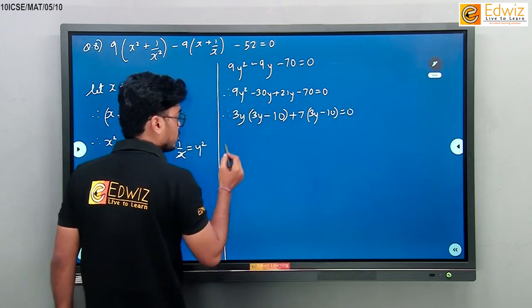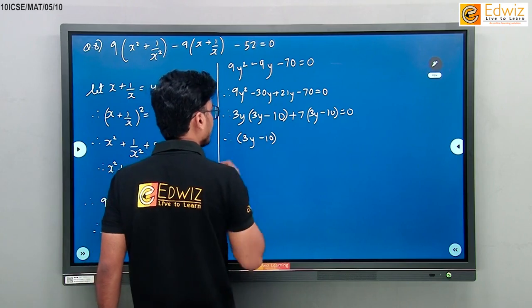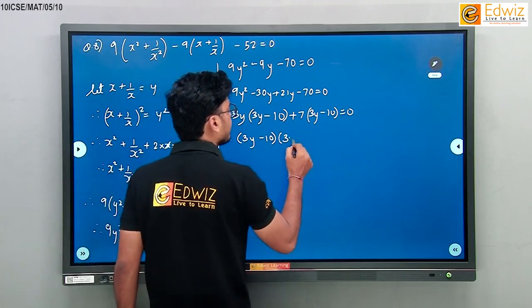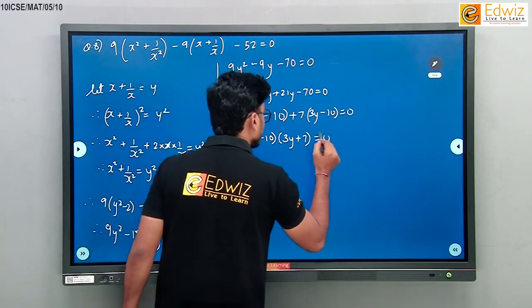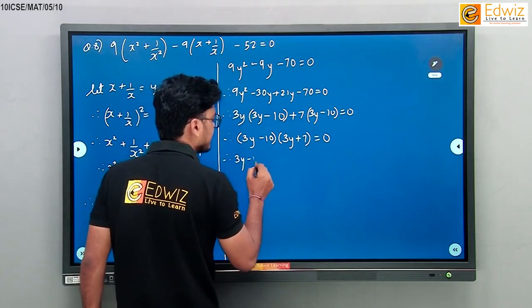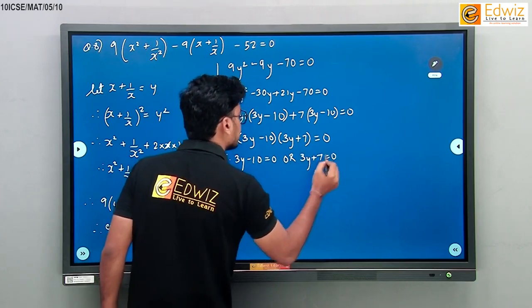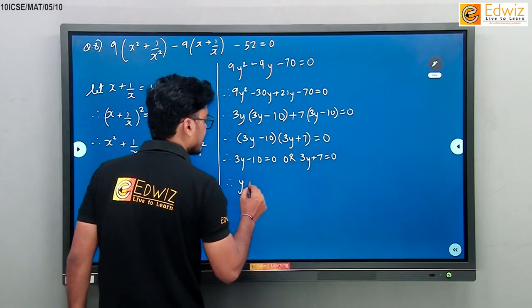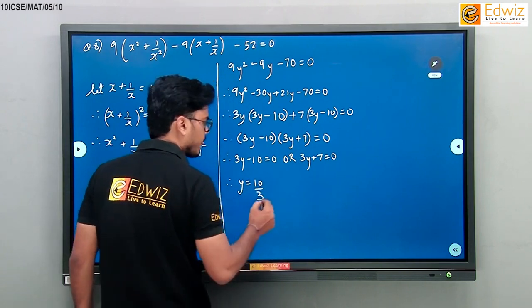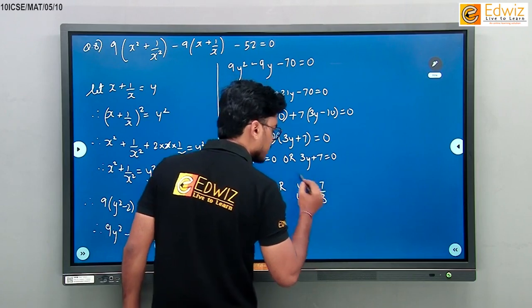As you can see, these two brackets are same, so take them outside. What will be left behind is (3y minus 10)(3y plus 7) equal to 0. So 3y minus 10 is 0 or 3y plus 7 is 0. So y is 10 upon 3 or y is minus 7 upon 3.